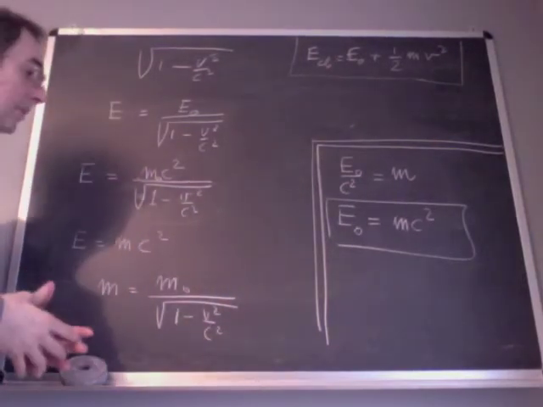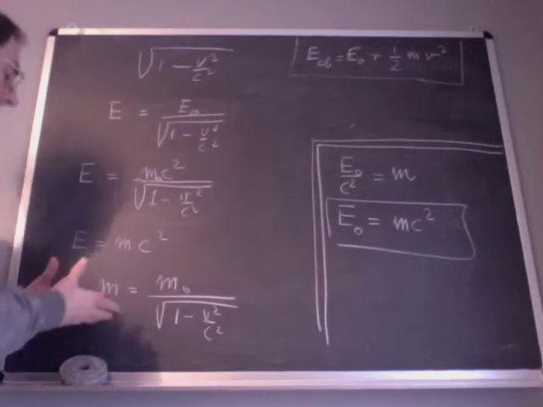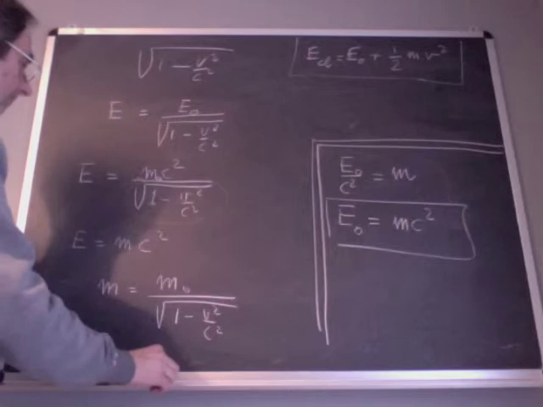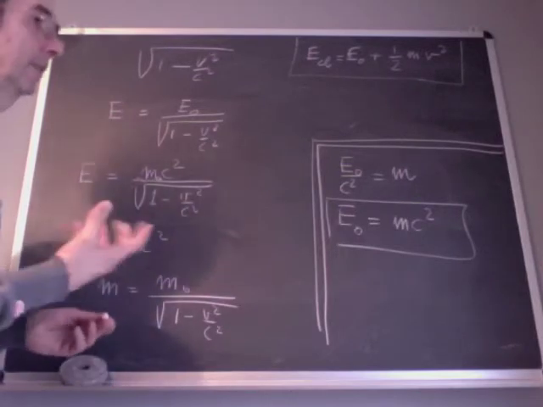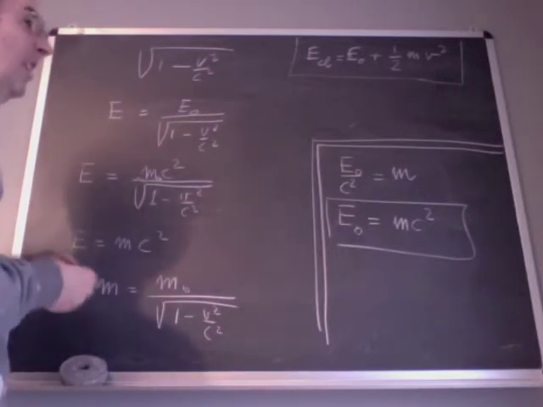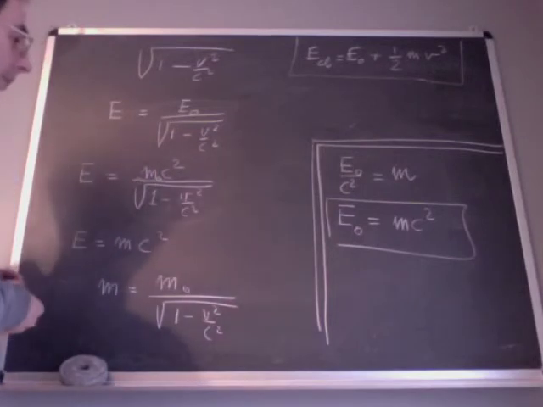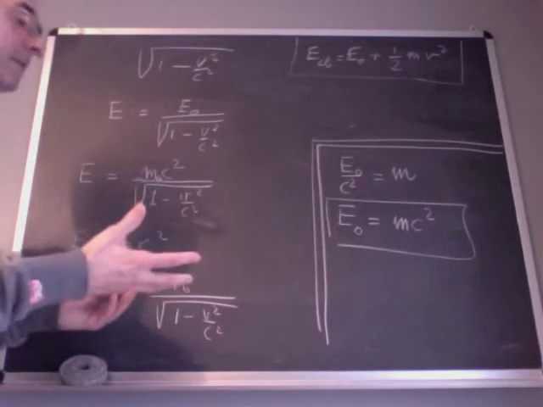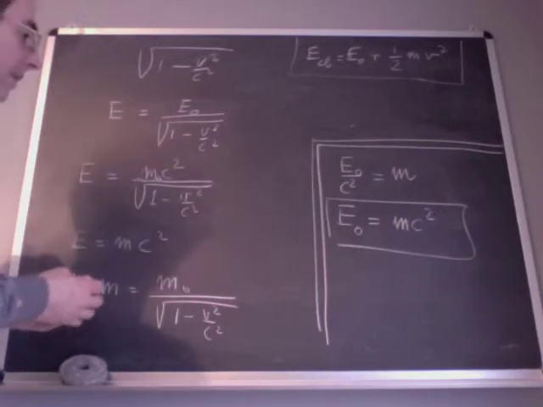I mean, it is not wrong mathematically, but it is hard to think that what really changes when the body is moving with a certain velocity away from me is its mass. Its mass is constant.